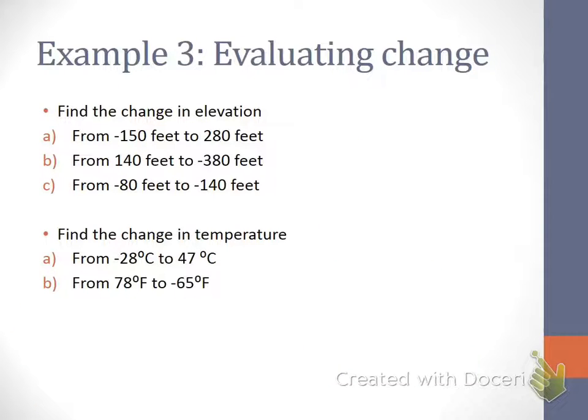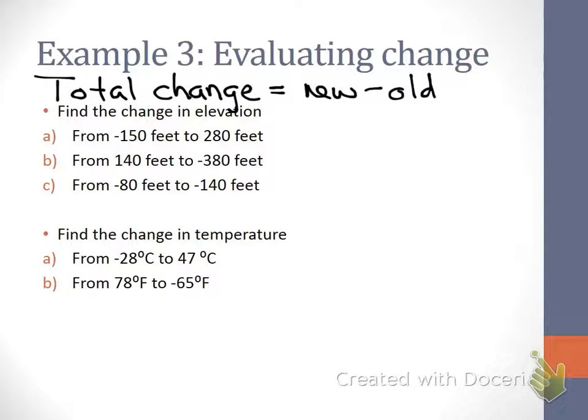Okay, so again, I'm using my formula. Total change equals what? How do I find my change? New minus old. I can do the same thing with temperatures. So now I'm going from negative 28 to 47. So what's my new value? 47. 47 minus what?